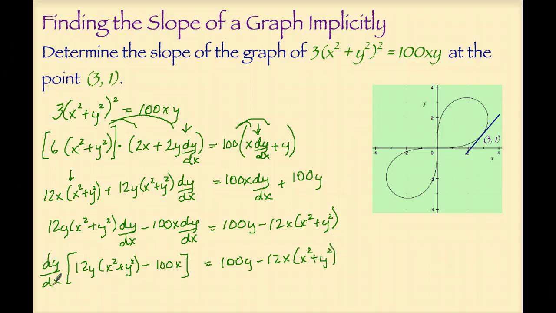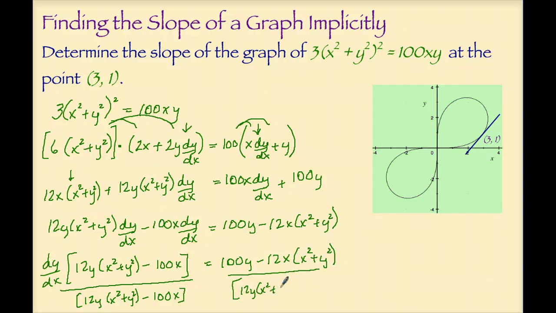And now to isolate dy dx, we divide both sides by this term, 12y times the quantity x squared plus y squared minus 100x, and on this side as well, 12y times the quantity x squared plus y squared minus 100x.